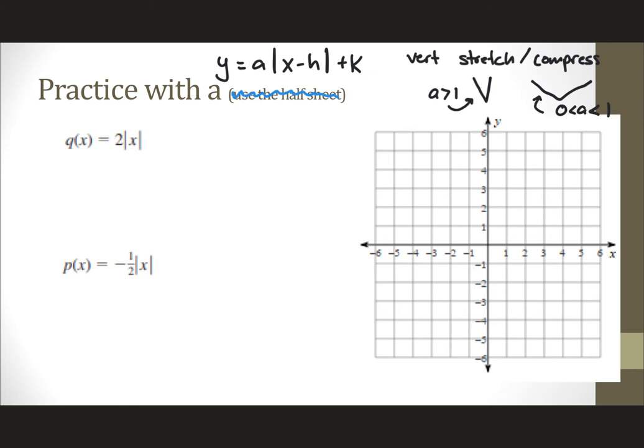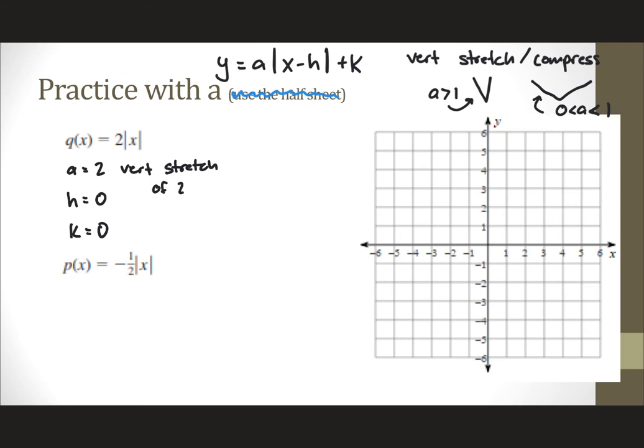Now, here we go. We have A. Let's list out our letters. So I have A is equal to 2. H is nothing, so that's 0. And K, there's nothing there, so that's 0. There are our letters. So since A is 2, this is going to be a vertical stretch of 2 units.